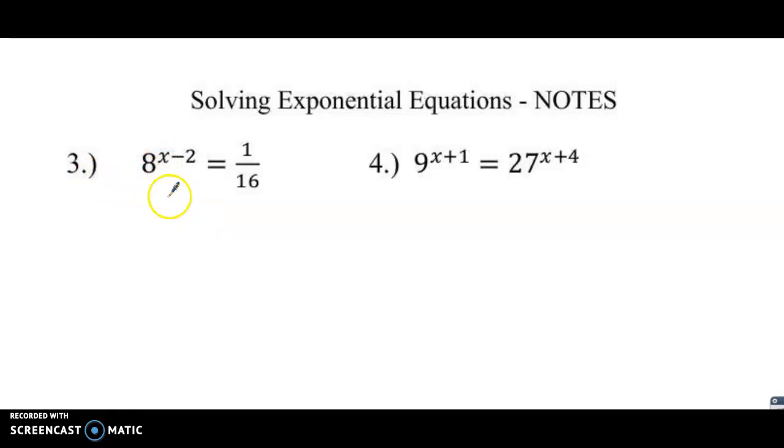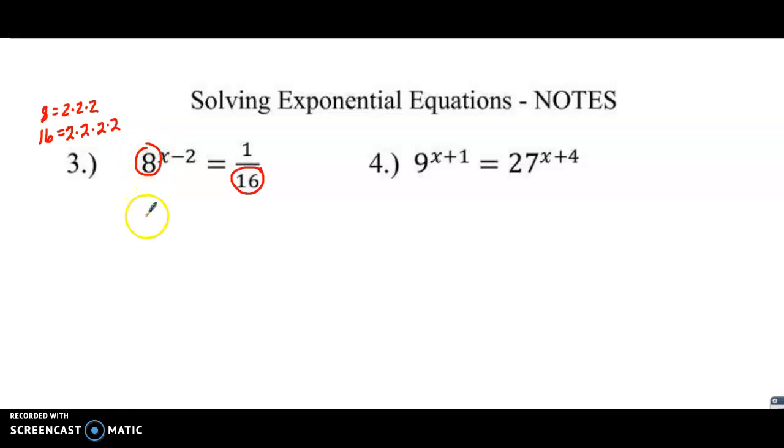Notice on number 3, things change up a little bit. We have your favorite fractions, so we want to make sure we know how to deal with those. I have a base of 8, and over here, a 16. I can't take 8 and square it to give me 16, because it's 8 times 2. But I do know that 8 comes from 2 times 2 times 2, and if 16 is 8 times 2, then 16 comes from 2 times 2 times 2 times 2.